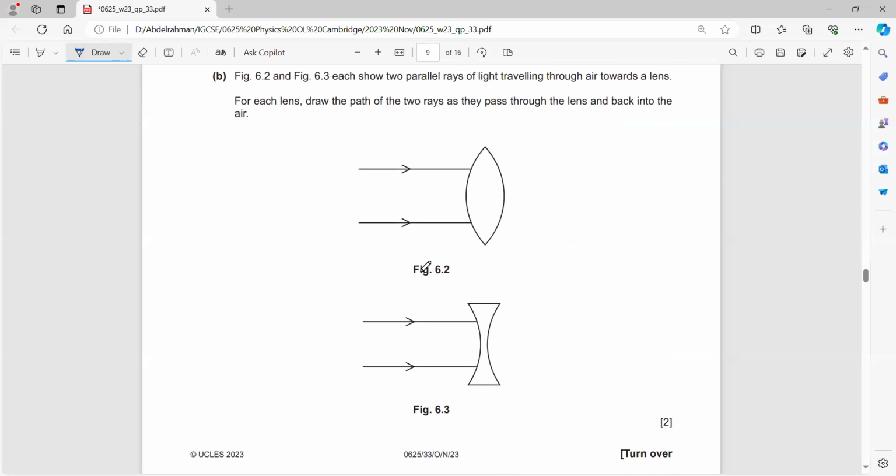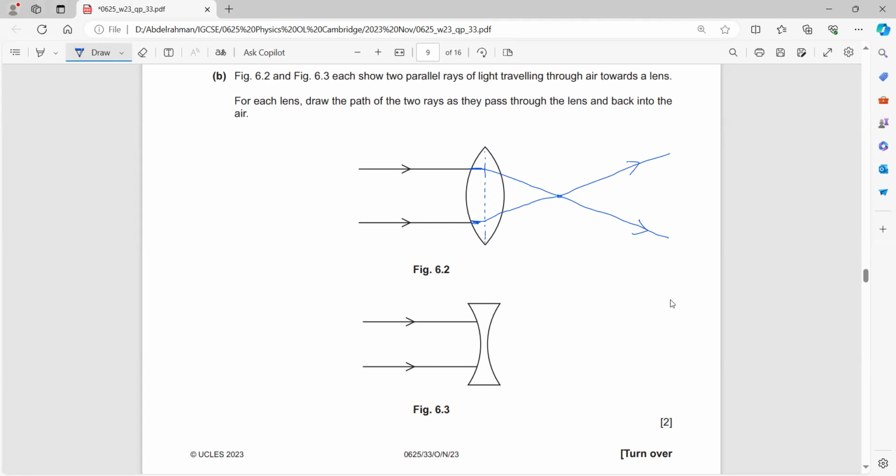Figure 6.2 and 6.3 each show 2 parallel rays traveling through air towards the lens. What will happen in the first one? The first ray goes to the center of the lens straight as it is. The ray above will bend downwards and the ray below will bend upwards and they will meet.